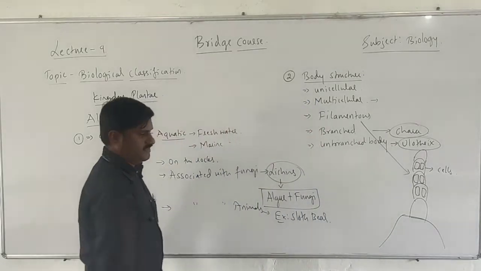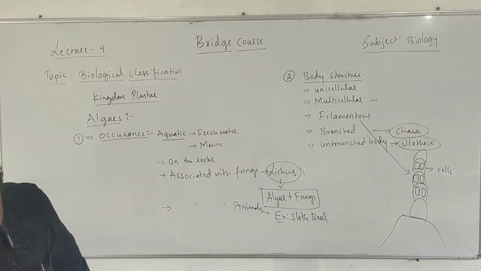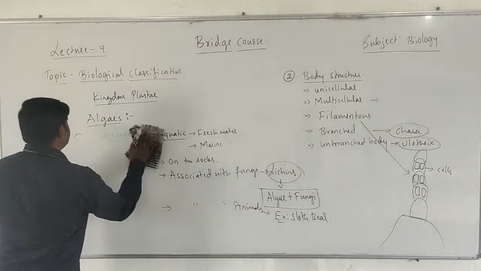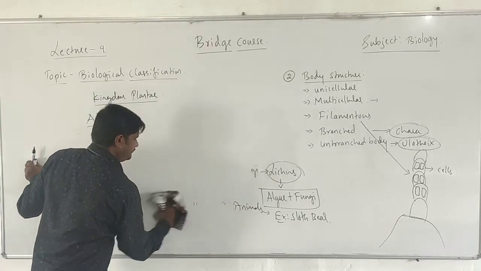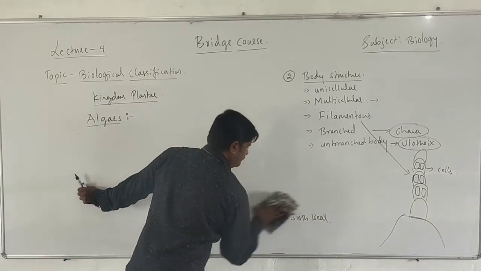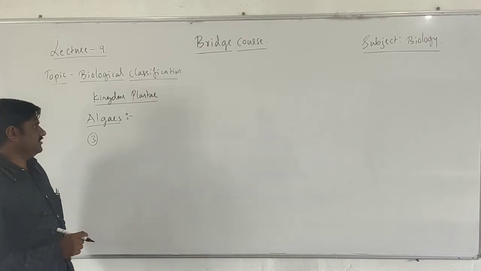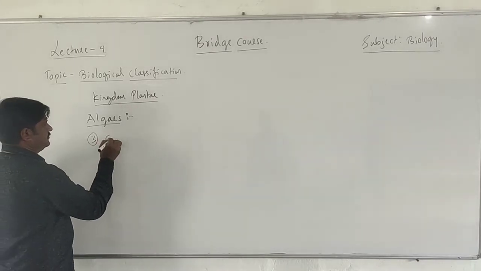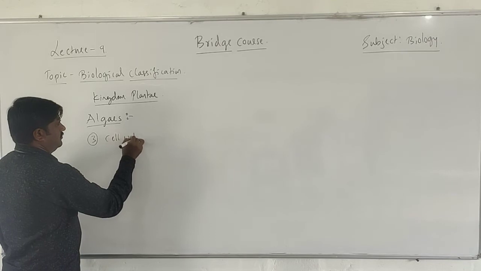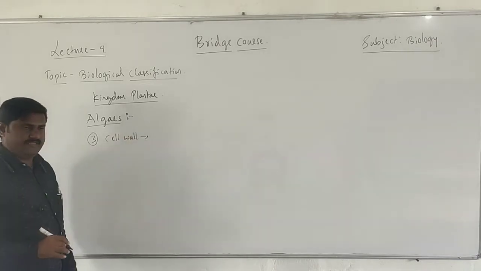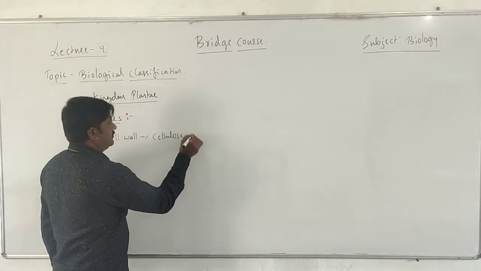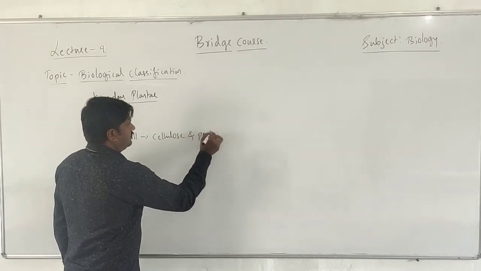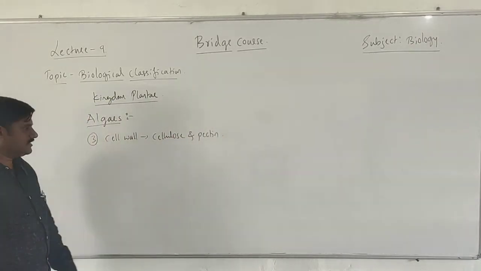And after this, let us see the next characteristic feature of these algae. The third characteristic feature is that the cell wall of these algae is made up of cellulose as well as pectin, right?